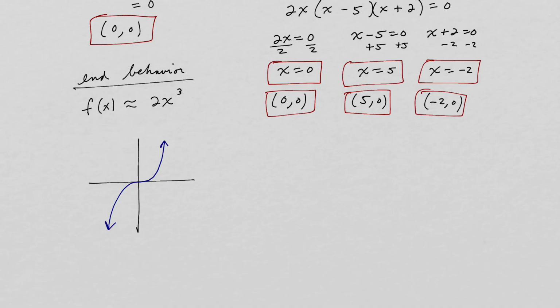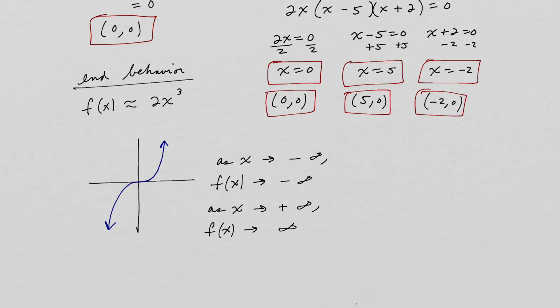Therefore, as x goes to negative infinity, the function goes to negative infinity. And as x goes to positive infinity, the polynomial goes to positive infinity. As x gets really, really small, it goes to negative infinity. As x gets really, really large, it goes to positive infinity.